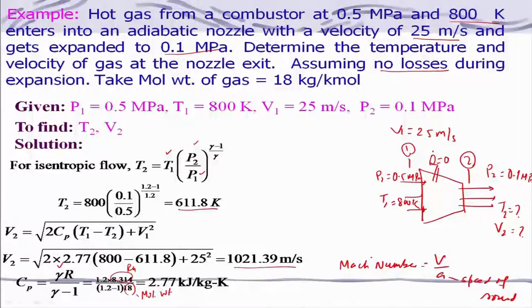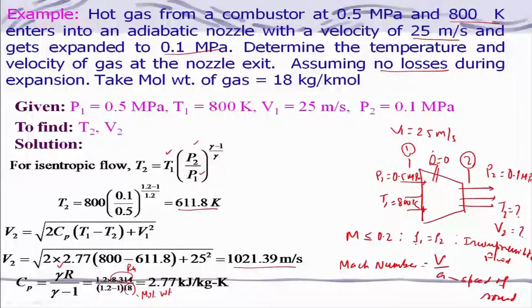Then only can we say that the density at station 1 is equal to the density at station 2. That means when M is less than or equal to 0.2, I can say that rho 1 is equal to rho 2 because it is an incompressible fluid.